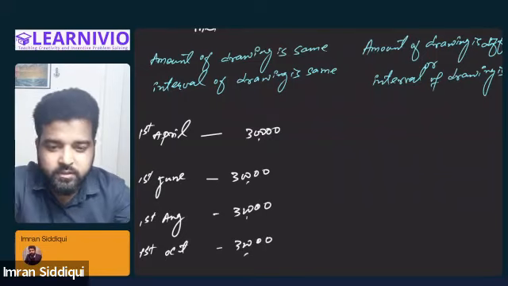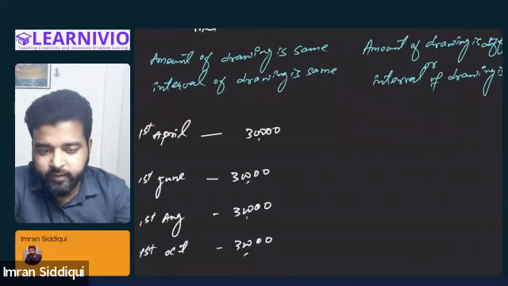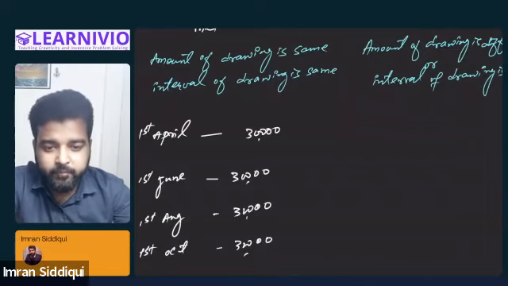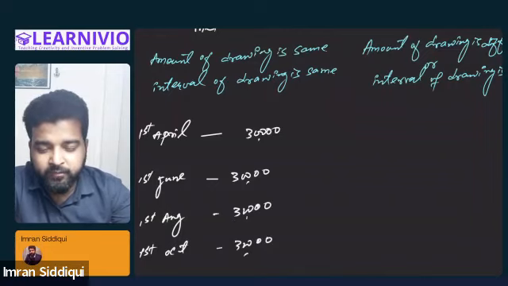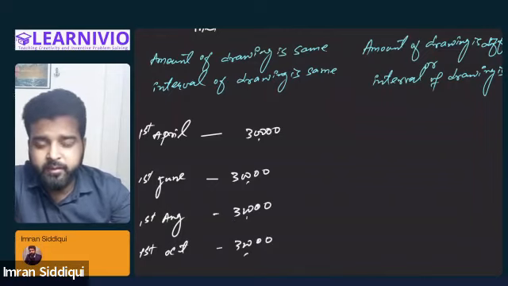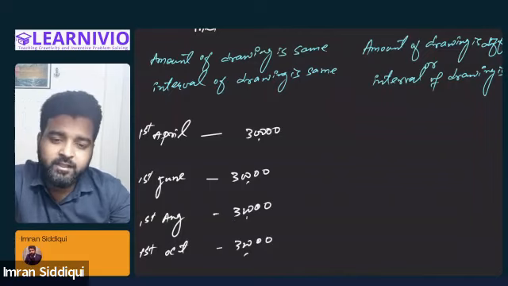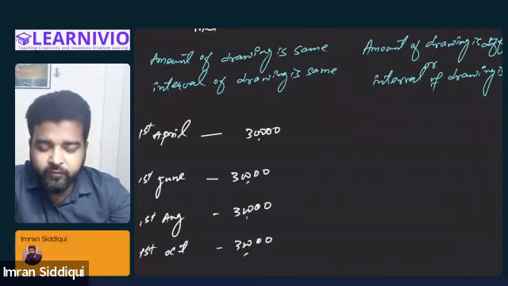So here you can see the amount of drawing and the interval between the drawings is the same every time, right? Drawings have been made at an interval of 2 months. After April, the partner did not withdraw any amount in May. He made the withdrawal in June. Then he did not make any withdrawal in July.